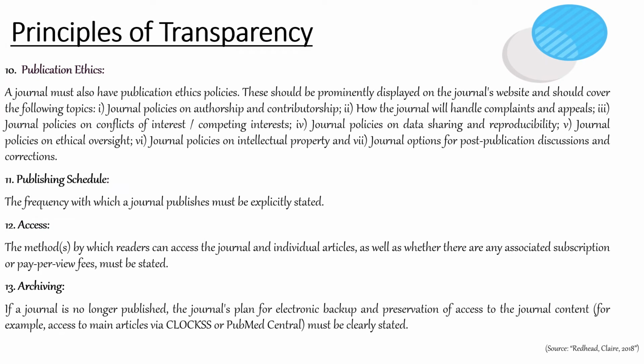The next point is publication ethics. A journal must have publication ethics policies. These should be prominently displayed on the journal's website and should cover topics like the journal's policy on contributions and authorship, how the journal will handle complaints and appeals, journal policies on conflicts of interest, data sharing and reproducibility, ethical oversight, intellectual property, and the journal's options for post-publication discussions and corrections.